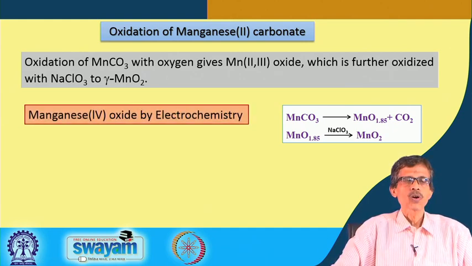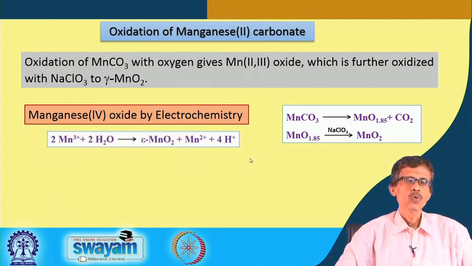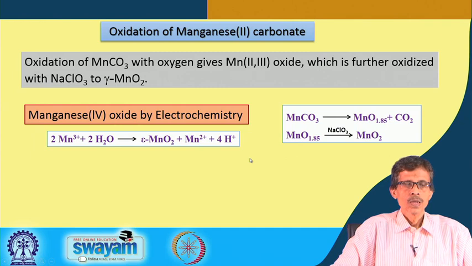And manganese dioxide can also be prepared through electrochemistry, which is the route by which we can make the epsilon variety, another variety of manganese dioxide, starting from trivalent manganese in solution.